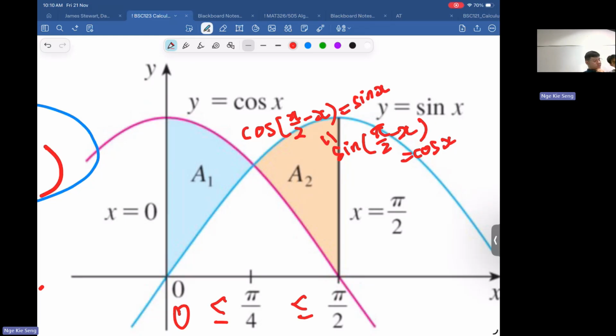Also we know that if you put the number 0 it equals 1, and put the number pi over 2 it equals 1.